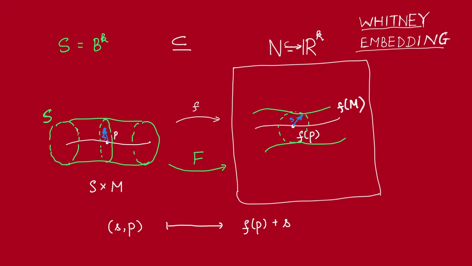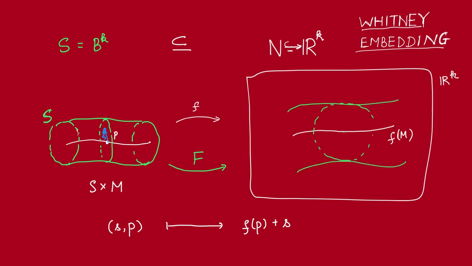But now that N is not the full Euclidean space, we have another problem. How do we know that the image of this family is going to lie inside N? What if, for example, N looks like this? Then maybe we can change this formula a little bit. Maybe we can add a retraction map in here.